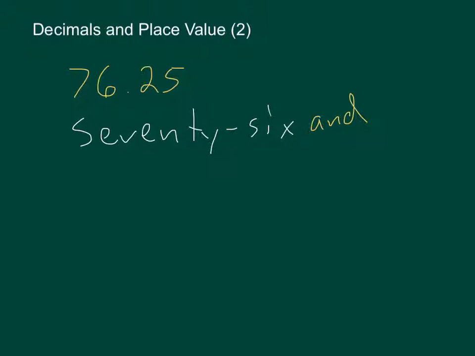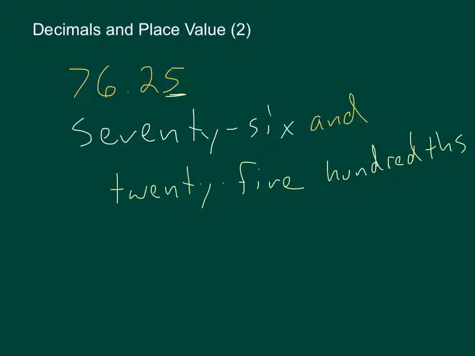So now we have 25 after the decimal. So we write 76 and 25, and the 5 is in the hundredths place. So we write 76 and 25 hundredths. And that's all we have to do.